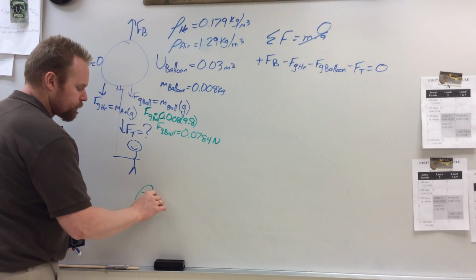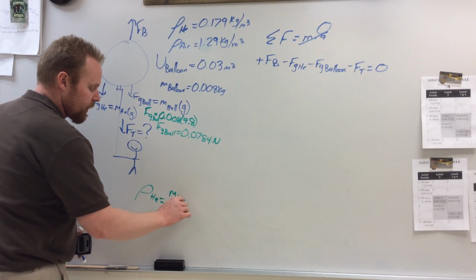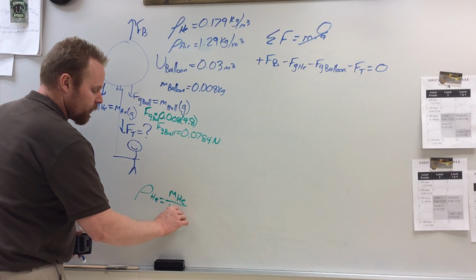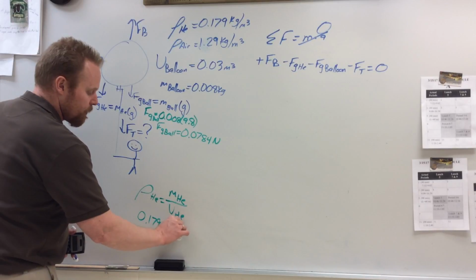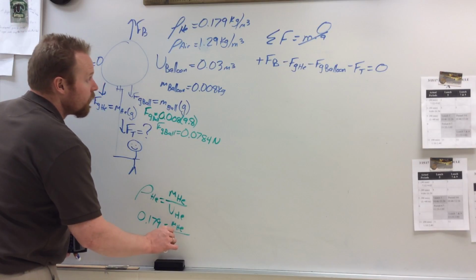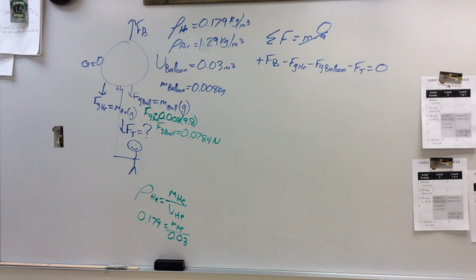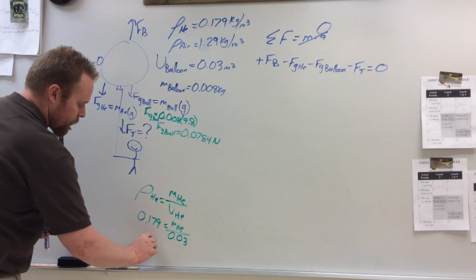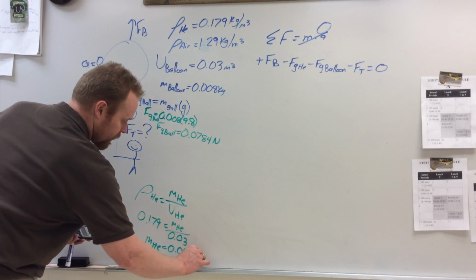So we can say that the density of helium is equal to the mass of my helium divided by the volume of the helium we have. So 0.179 is equal to the mass of the helium in that balloon divided by the volume of the balloon. Then we cross multiply: 0.179 times 0.03, and the mass of my helium is going to be 0.00537.